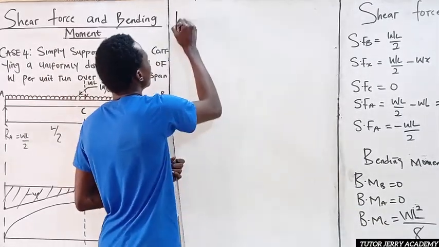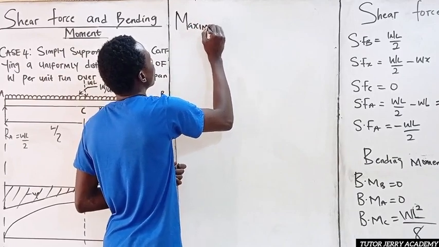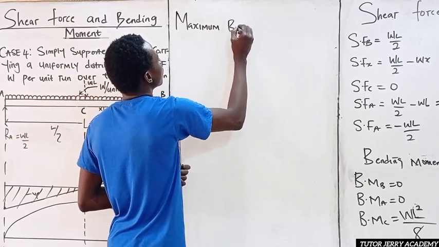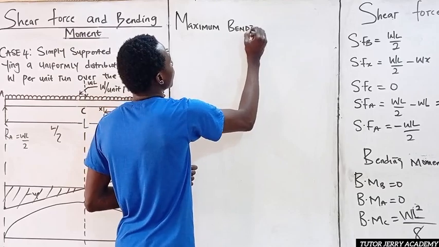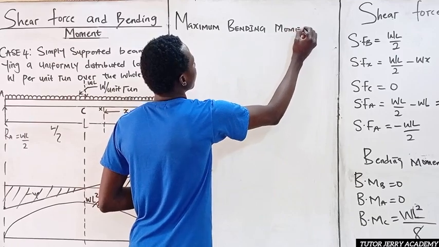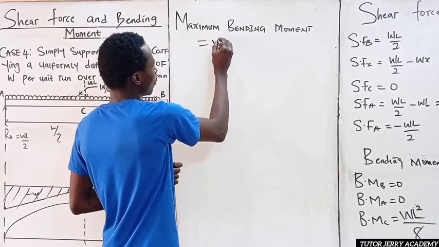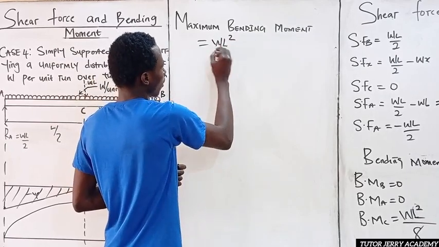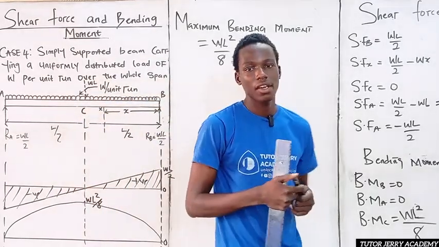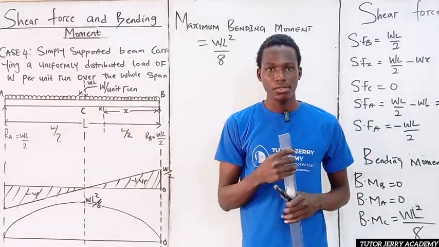So our maximum bending moment will be equal to WL square all over 8. So thank you for watching, and stay tuned for numericals on this case. So thank you for watching.